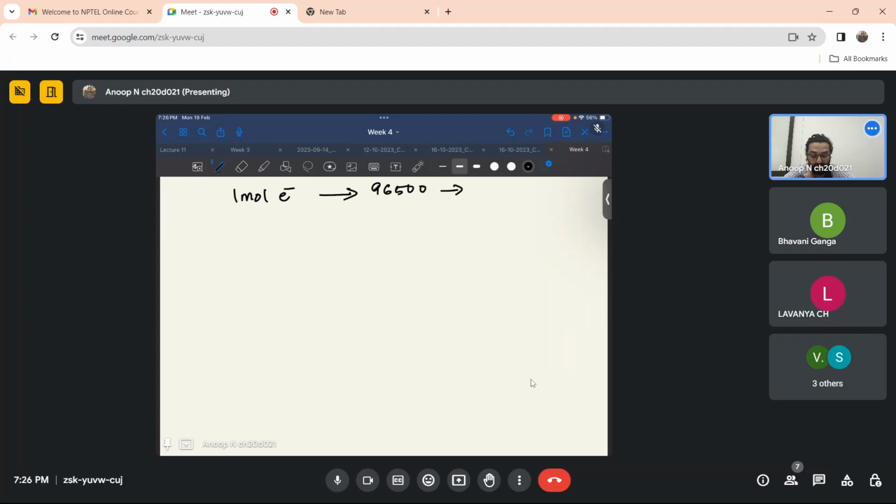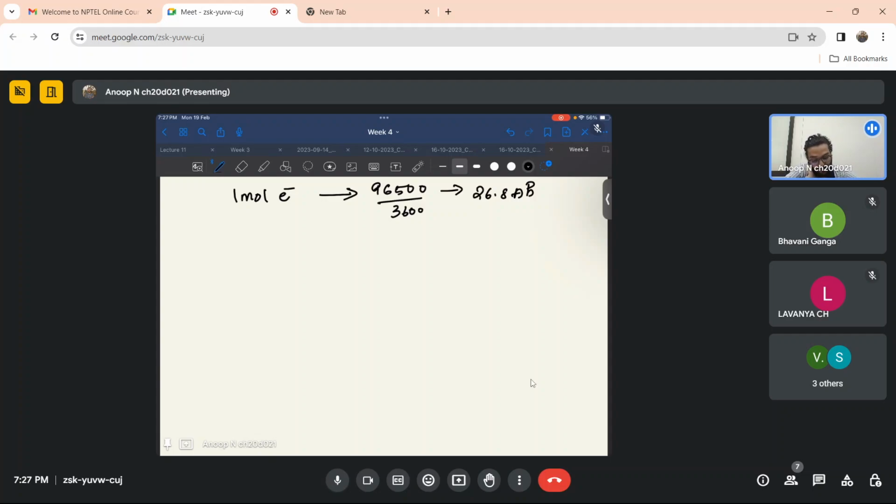We calculated it, right? We divided it by 3600. So what will be the value coming? 26.8 ampere hour. Remember, everyone? So 1 mole of electron corresponds to 96500 or 96485 coulomb, which is equivalent to 26.8 ampere hour.